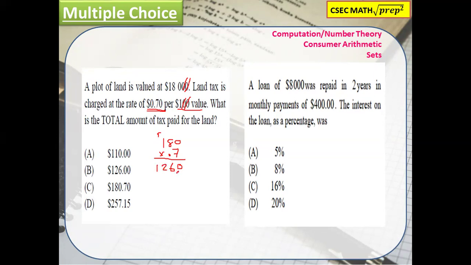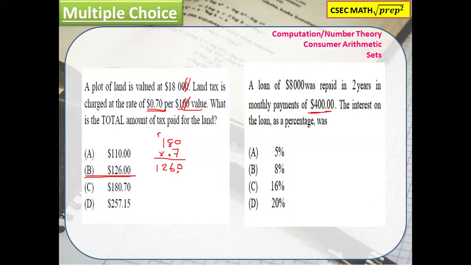One decimal place in our answer, so our answer is 126. All we did was to find out how many hundreds we can get into the 18,000 multiplied by 0.7. Easy.